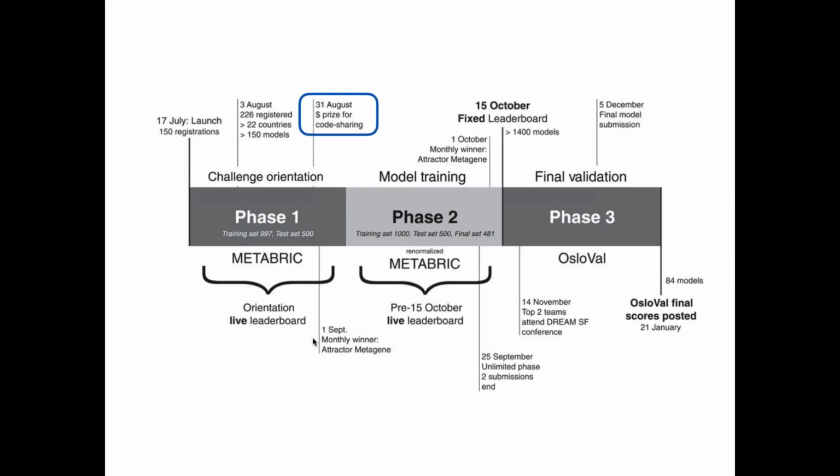And towards the end of phase one, we said, you know what? We'd like to see some sort of cross-pollination across groups here. And we think that it's important to try and learn from the other analytical methods.